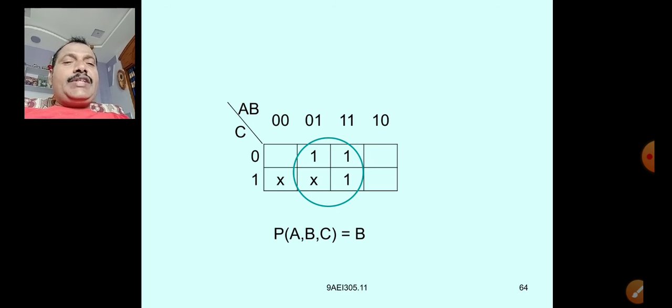But if you consider don't care, a quad is possible. That means always cover the don't care also if it is possible and helpful to make a big size group. That is the objective. So don't care is taken into consideration to form a quad in this case. So we get the simplified version of this expression, that is P equals to B.